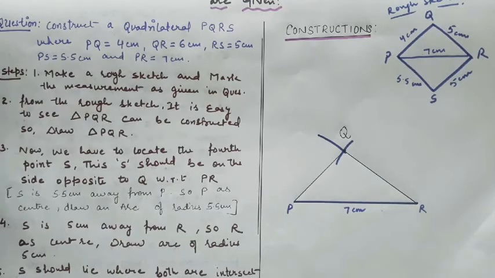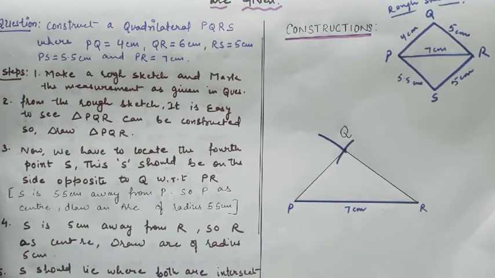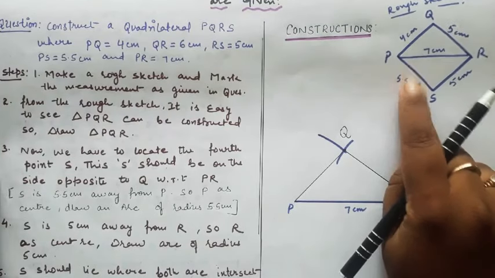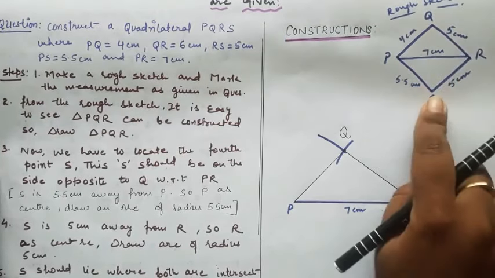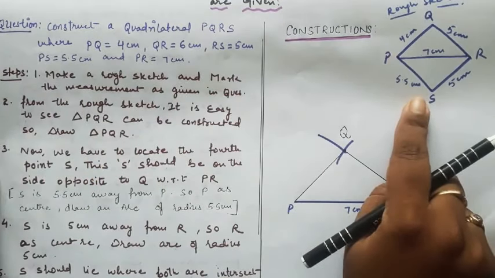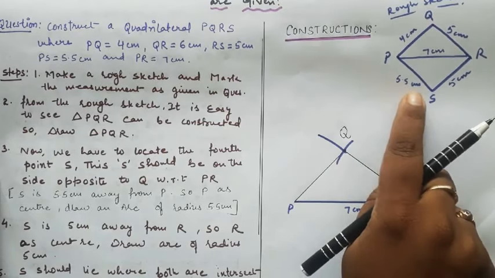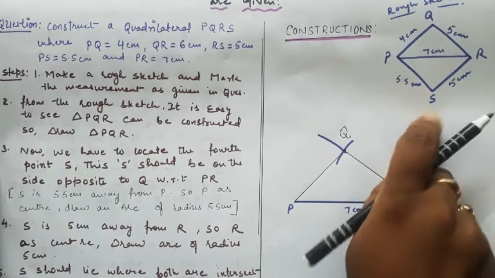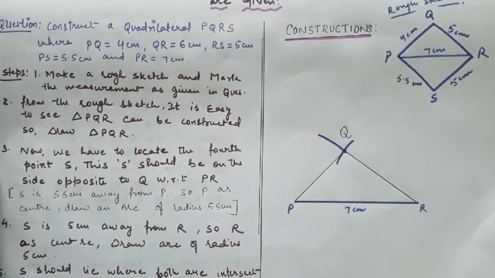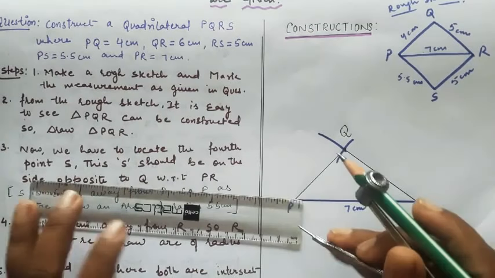Now similarly, in a similar way, we will try to construct the lower triangle. As we can see from here that S is 5.5 centimeter apart from P and opposite to Q. So in step number 3, we will mark one arc from P with this 5.5 centimeter length distance, and we'll put one arc to find point S. We'll take a measurement from the scale, it is 5.5.